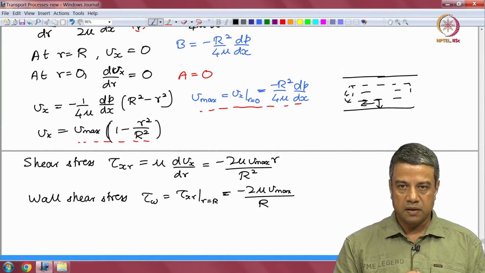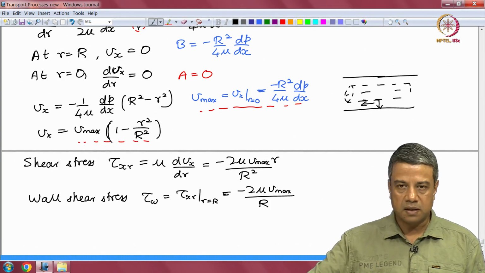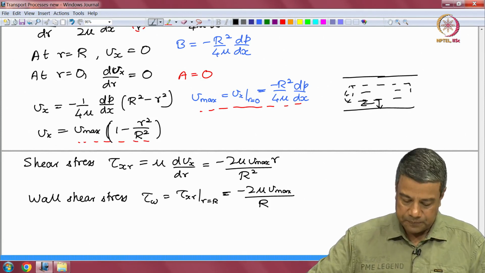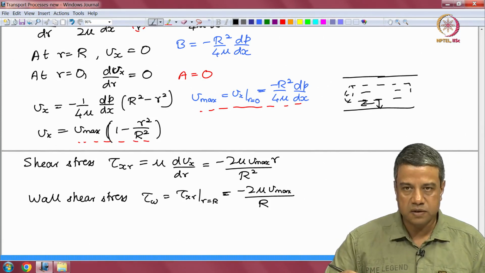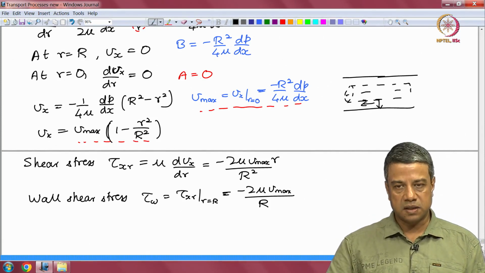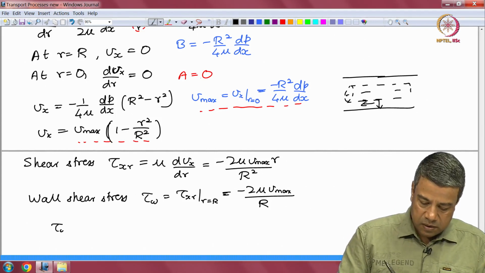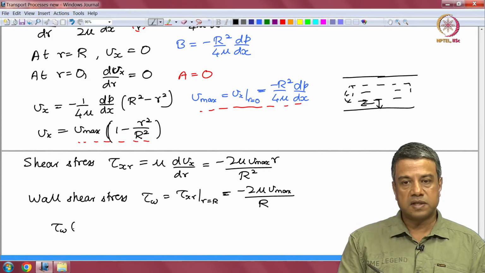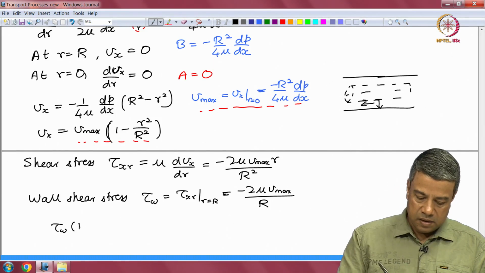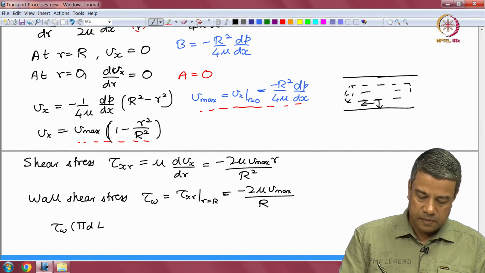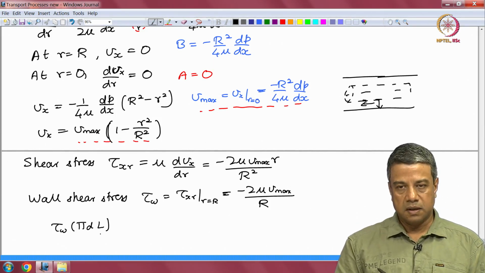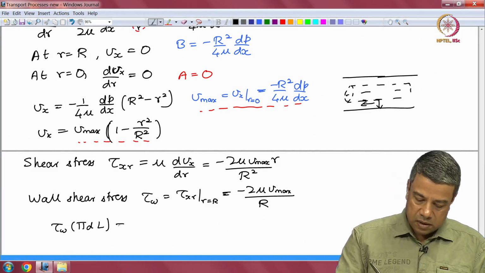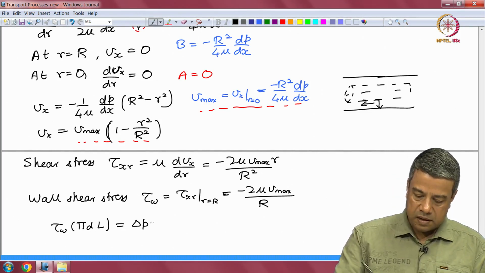You recall when we initially examined the pressure difference in a pipe, I had told you that the force on the cylindrical surface area due to the shear stress, tau w into the cylindrical surface area, that is pi D L, is going to be equal to the difference in pressure times pi D square by 4, which is the cross sectional area.